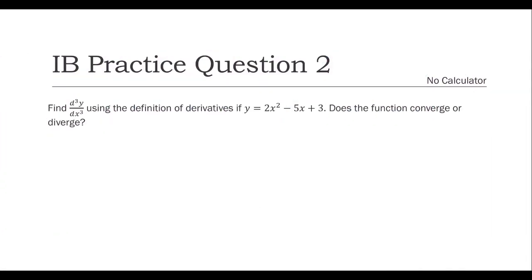So here we have our second IB practice question. It says find d cubed y over dx cubed. So this means we need to find our third derivative. Using the definition of derivatives, if y equals 2x squared minus 5x plus 3, and then does the function converge or diverge? So we have to use our definition of derivatives.